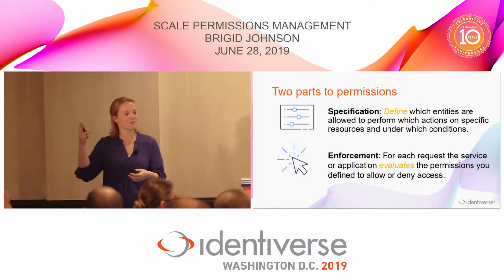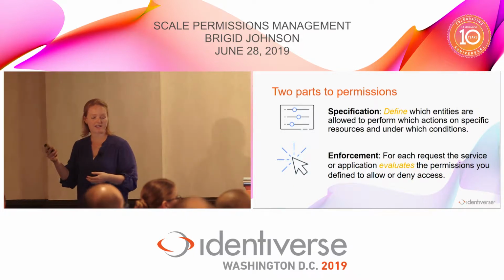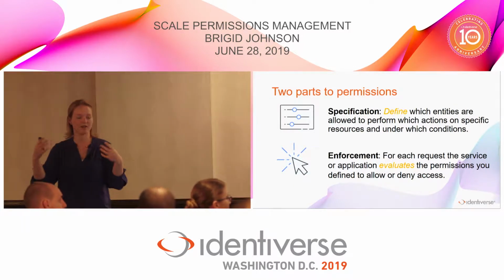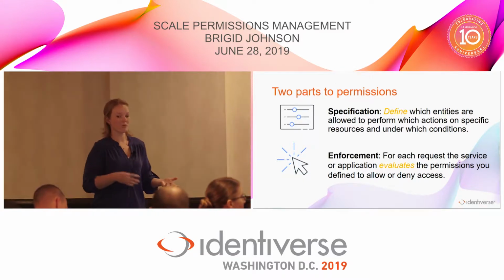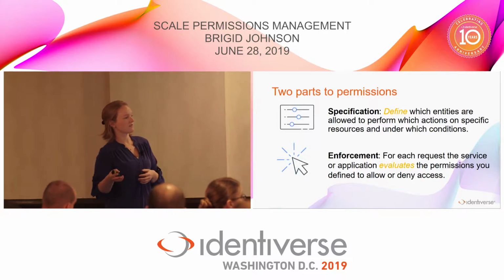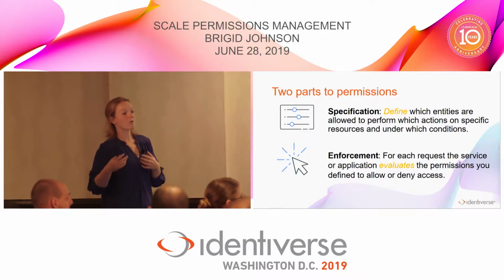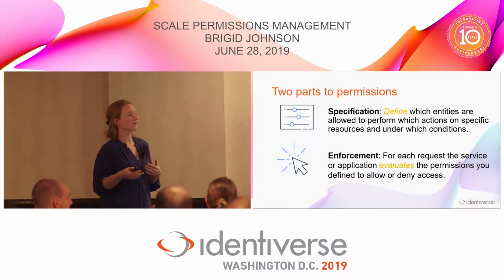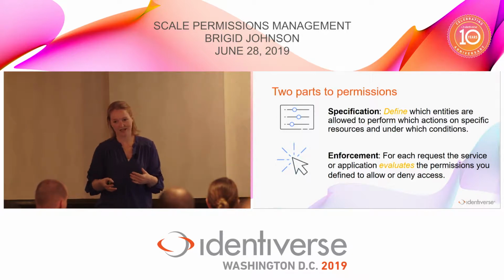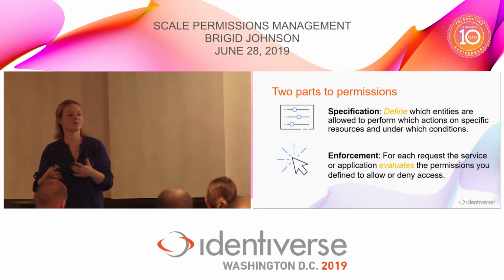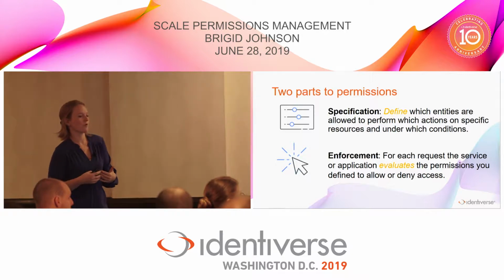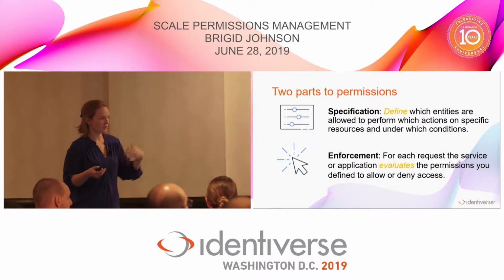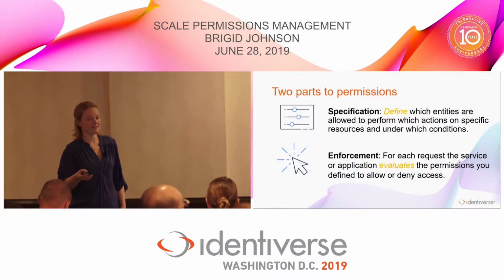There are two parts to permissions. The first part is specification. That's a developer's or an admin's job. You define which entities are allowed to perform which actions on specific resources under which conditions. That can get pretty granular, and in AWS we have a very granular permission set where you can specify all those combinations. The second part is your platform's job, which today is AWS's job: enforcement.